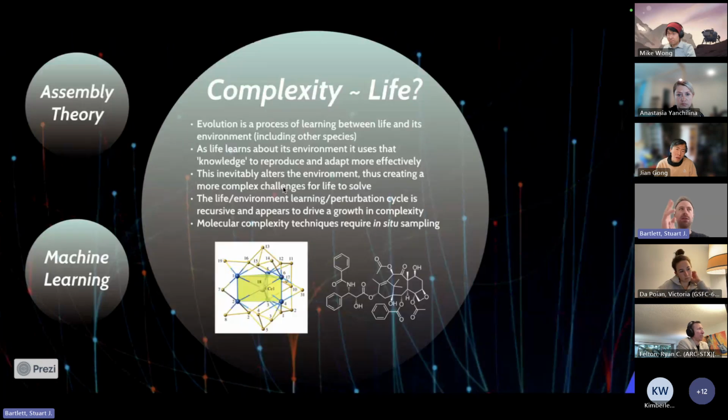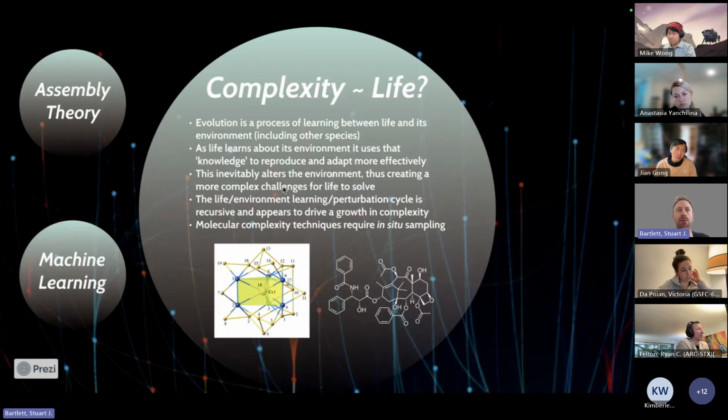Now, complexity, you could say, is a little bit harder to define than information. We can define syntactic information fairly readily using Shannon's formula. There are various measures out there that have been suggested for complexity, but it depends on the context, and it's very much an emerging field.